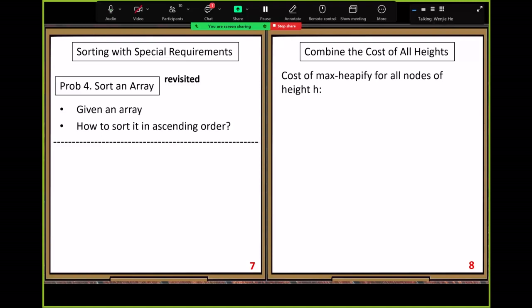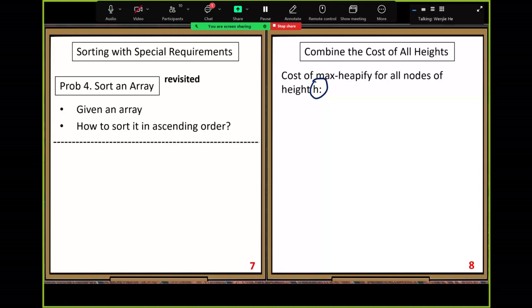Cost of max heapify for all nodes of height h. First, let's look at the height h. Because for height h, there are many height h nodes, right? There are a certain number of height h nodes. Let's look at the subtotal cost of fixing all the height h dirty nodes.